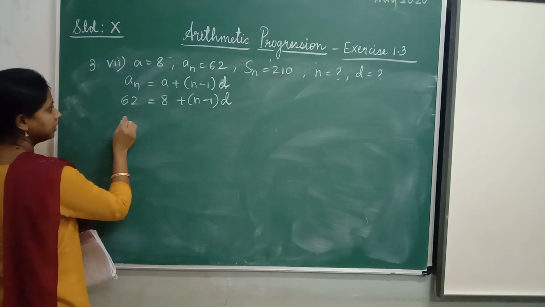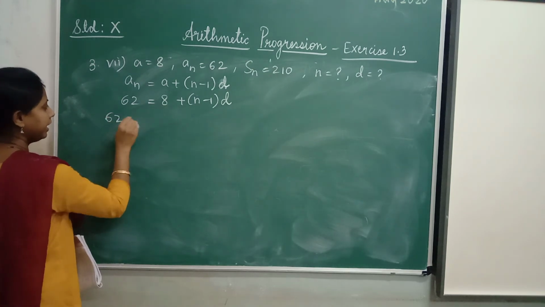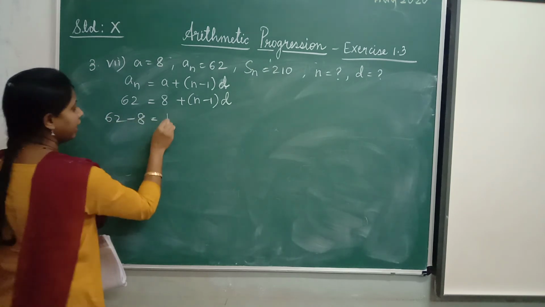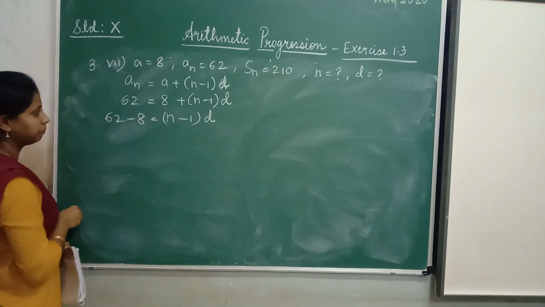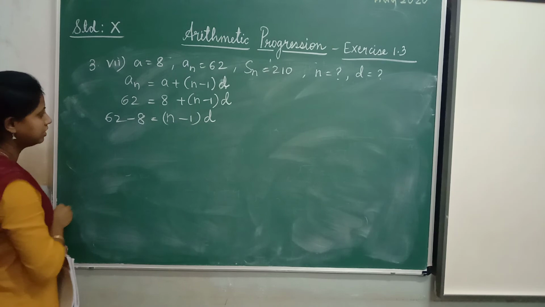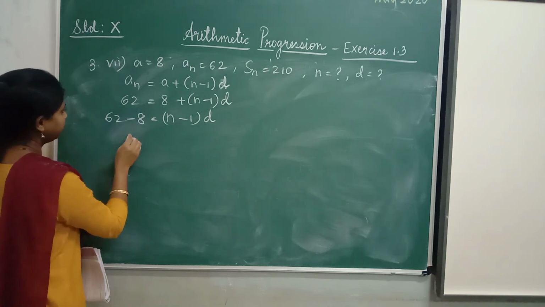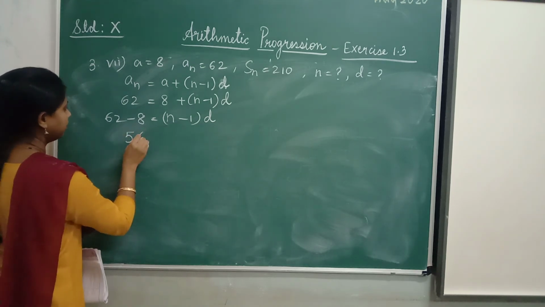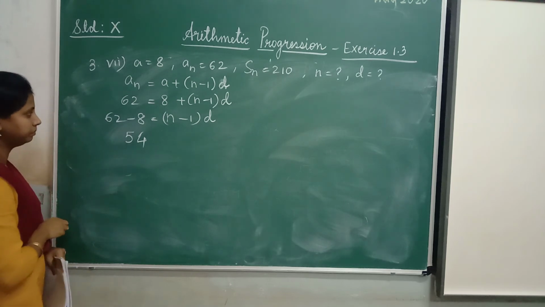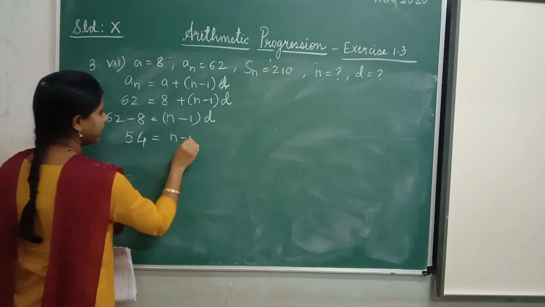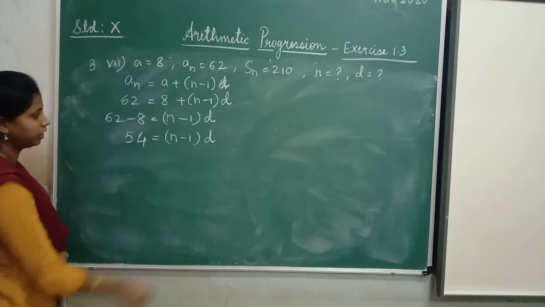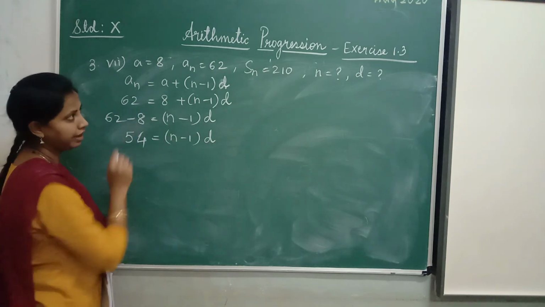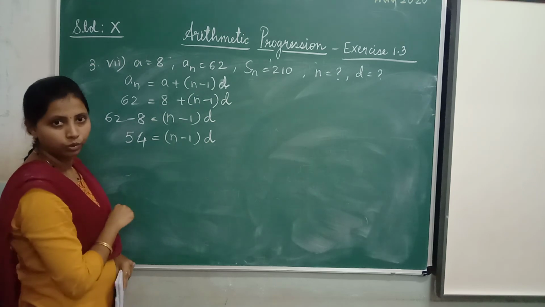Now you can take 8 to this side: 62 minus 8 is equal to n minus 1 into d. 62 minus 8 will give you 54, is equal to n minus 1 into d. Now here n is also unknown, d is also unknown, which we have to find.